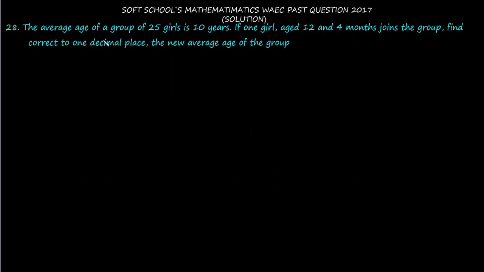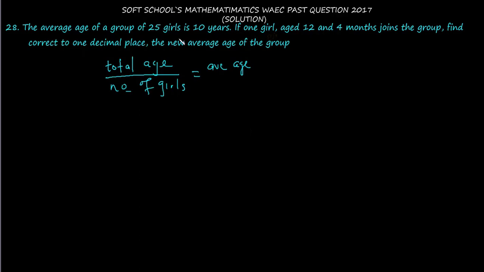Question 28. The average age of a group of 25 girls is 10 years. When you want to find the average age of people, first you need to find the total age. Total age over number of girls is equal to their average age.